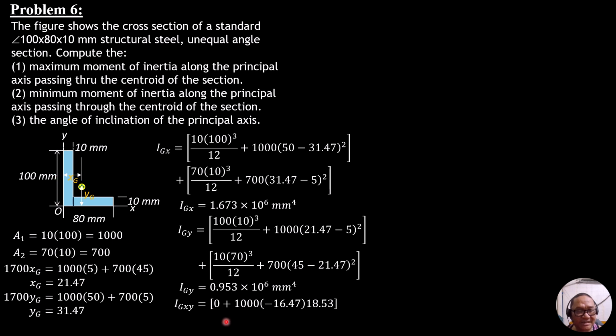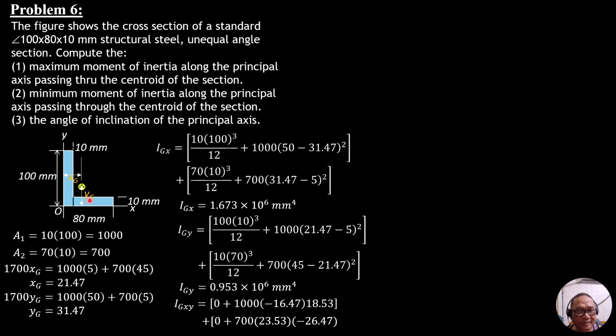Then plus 0 plus 700 times positive quantity 45 minus xg. 45 minus xg is 21.47. So the centroid is here. The distance of the centroid of area 2 from the y-axis is 45. Then that is xg. So 45 minus xg. 45 minus 21.47 is 23.53.